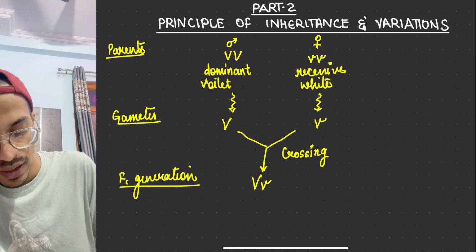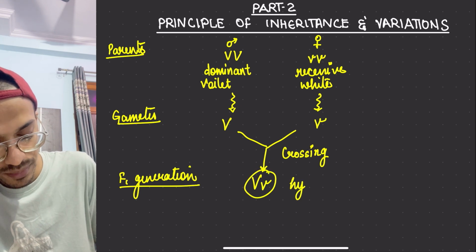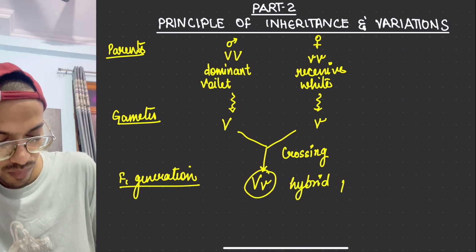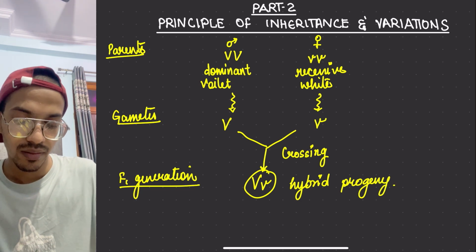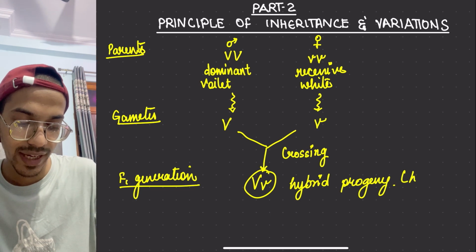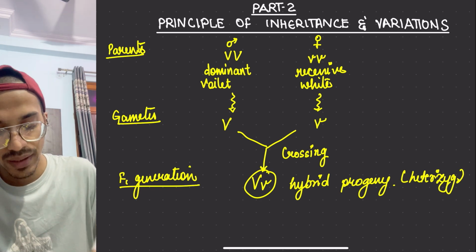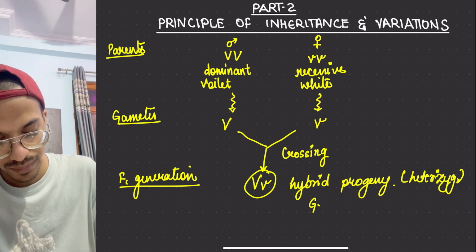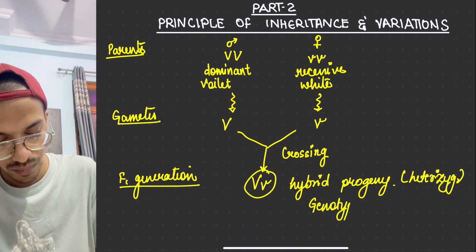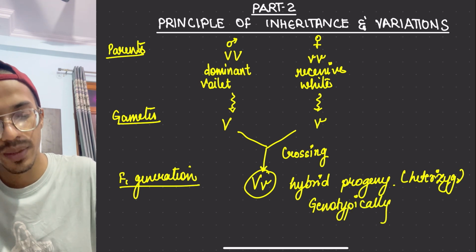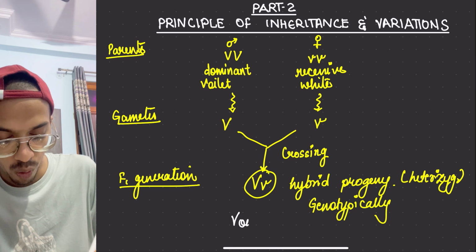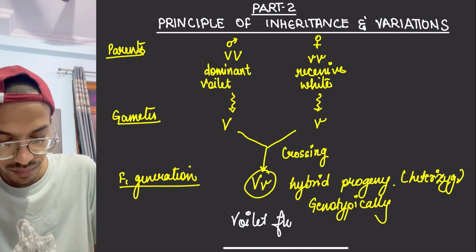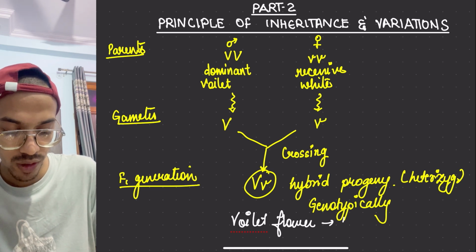This is a hybrid progeny, meaning genotypically it is hybrid, that is, a heterozygous condition. But phenotypically, all of them will have violet flowers. This is the phenotype.